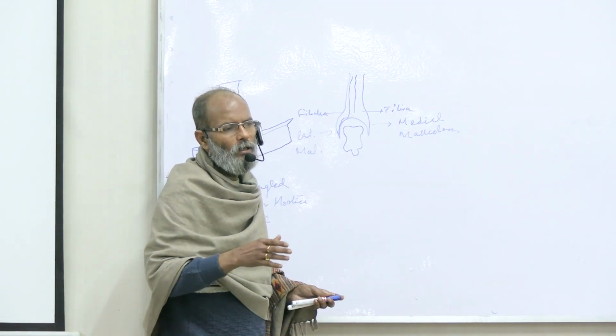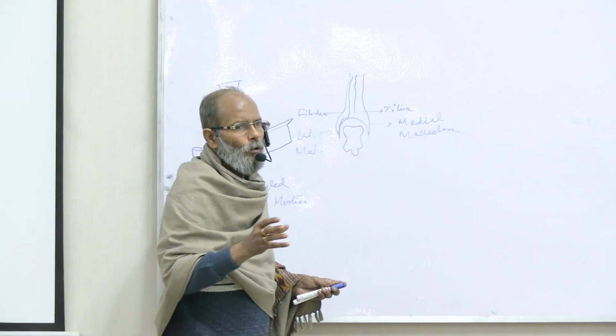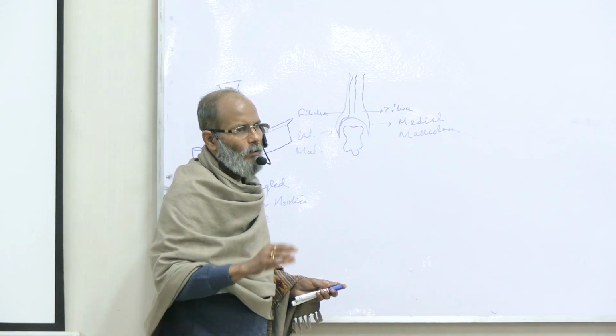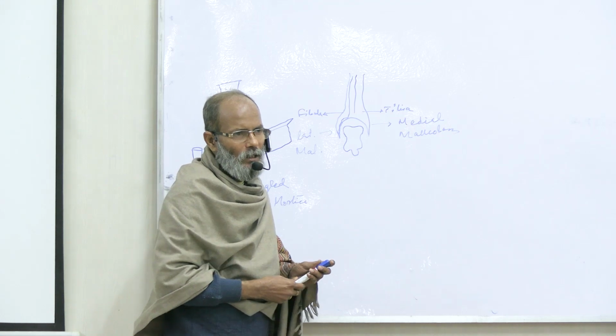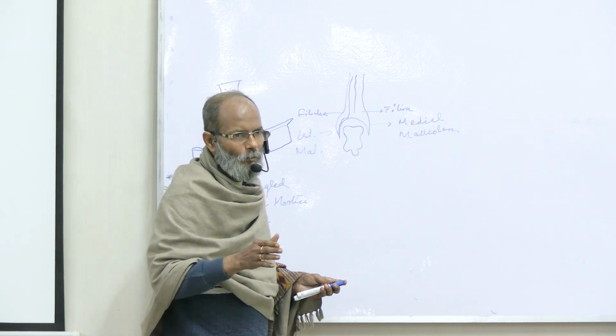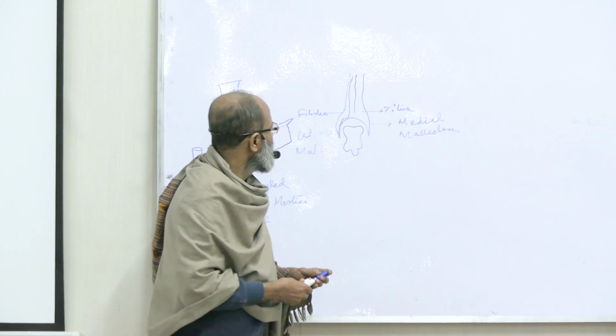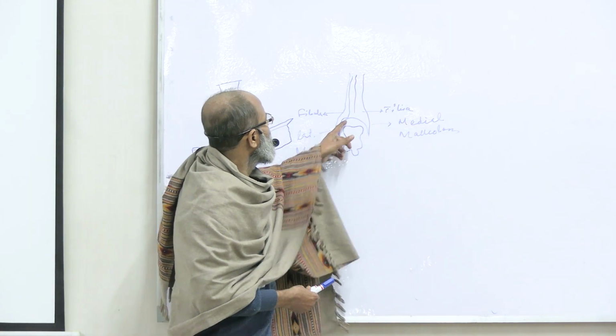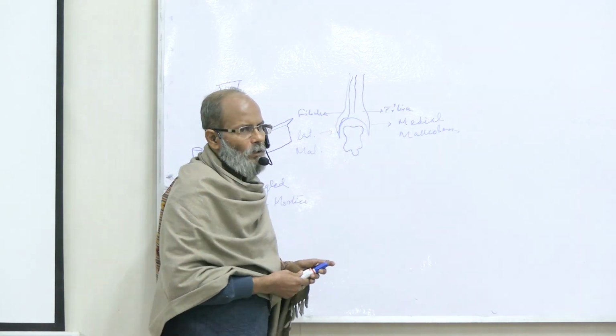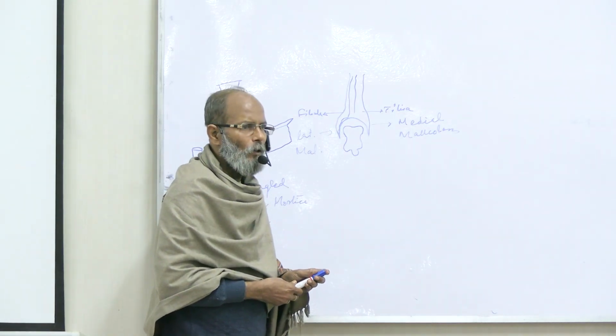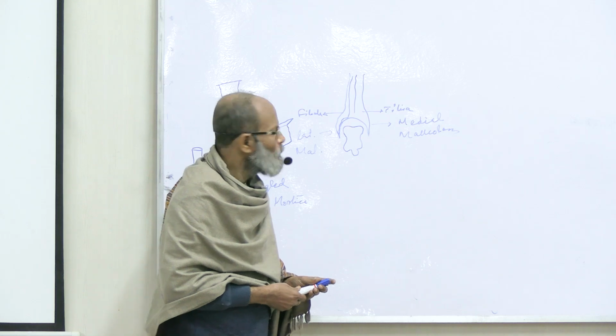Now we see what are the bones taking part in this joint. From above, it is the inferior surface of the tibia and inner surface of the medial malleolus, together with the inferior surface of the fibula and the inner part of the lateral malleolus, that is the fibular malleolus. All right.